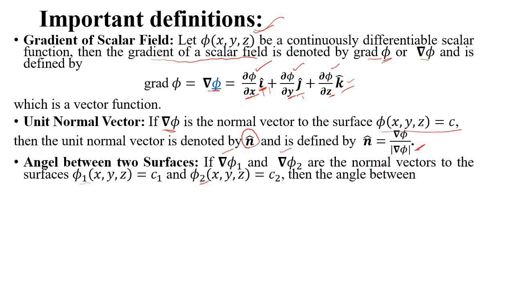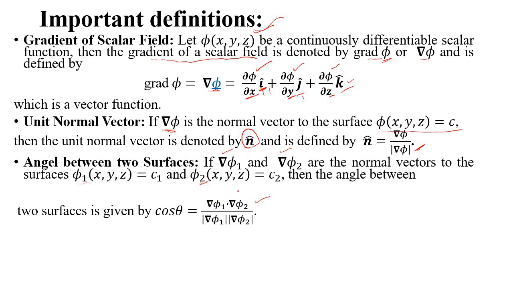We call these two the normal vectors to the given surfaces. Then the formula is cos theta equal to the dot product of those two gradients, del phi 1 dot del phi 2, divided by the magnitudes of the individual gradients, magnitude of del phi 1 into magnitude of del phi 2. This gives the angle between the two surfaces.